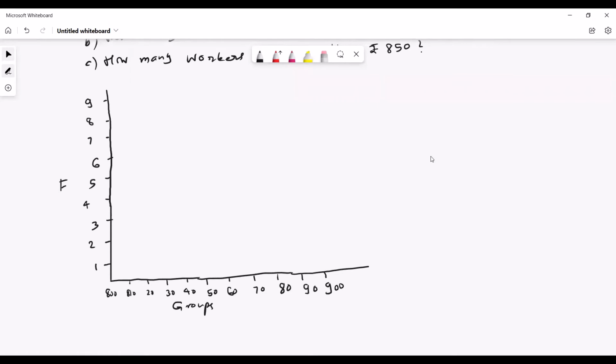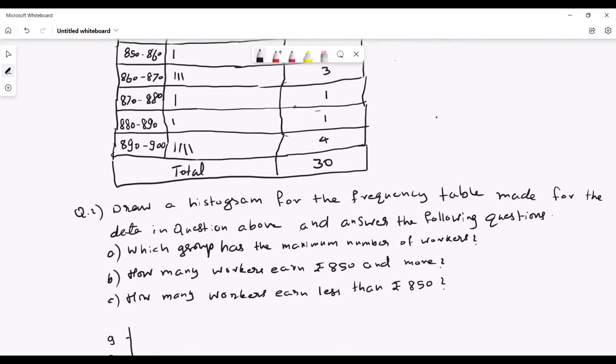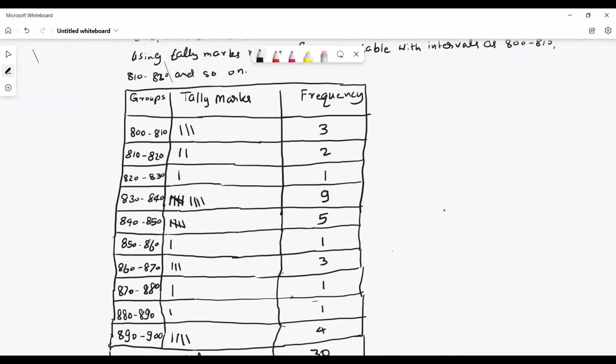So here it is coming 3. To select 3, and from 810 we can draw it. So this is the histogram for 800 to 810.